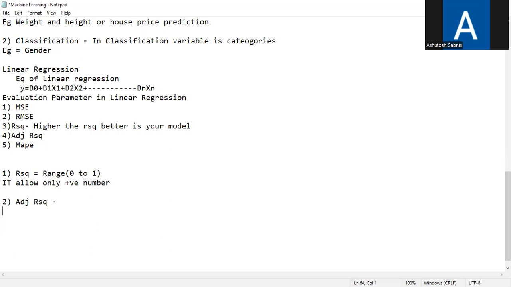So what is the formula of adjusted R square? Adjusted R square equals 1 minus (1 minus R square) into (n minus 1) divided by (n minus k minus 1).